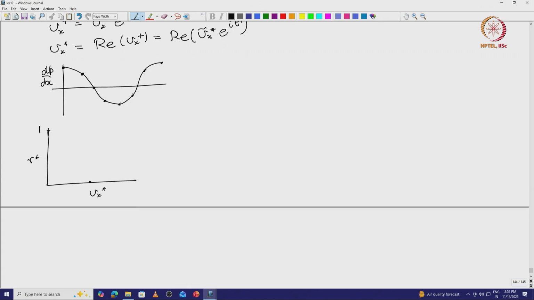At r star is equal to 1, you know that the velocity has to be 0. As the pressure goes back and forth, the velocity will also go back and forth. And the velocity has this form. At this particular point in the cycle, the pressure gradient is positive, that means that the velocity has to be negative.